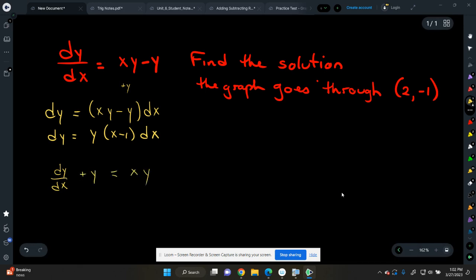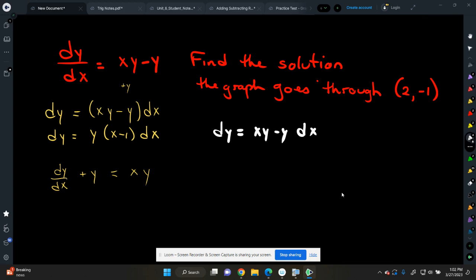But the dx is on the other side. Okay, wait, it's not the same thing. You can't do that because that dx is times that whole thing, so you'd be adding y dx.